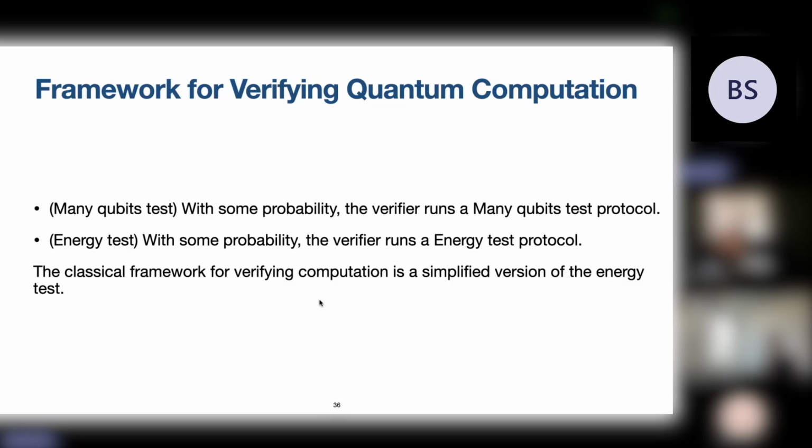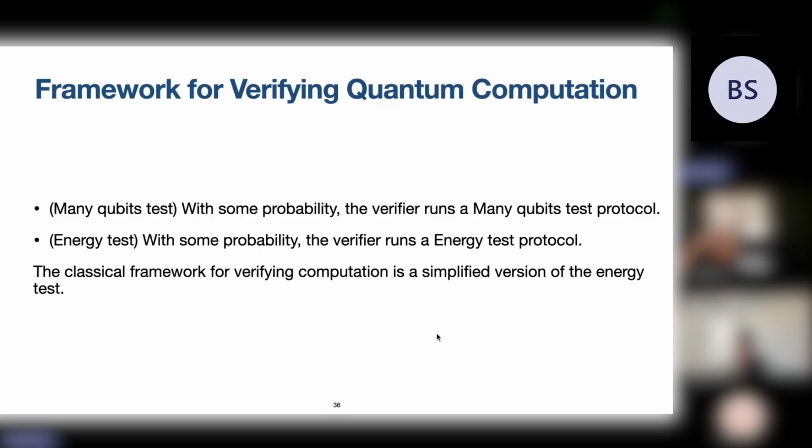By many qubit tests, I mean the same thing as in this game version of the quantum PCP literature. And then you need an energy test. Say now the verifier has the ability to measure these n qubits.